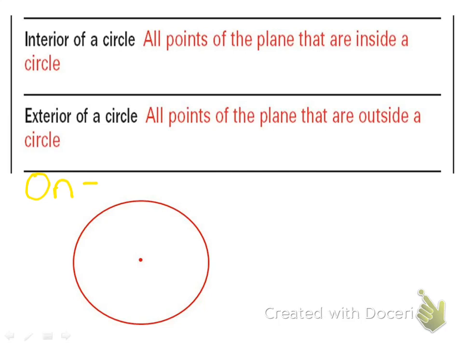The interior of the circle would be all the points within the boundaries of the circle. Let's put a few points on the circle.